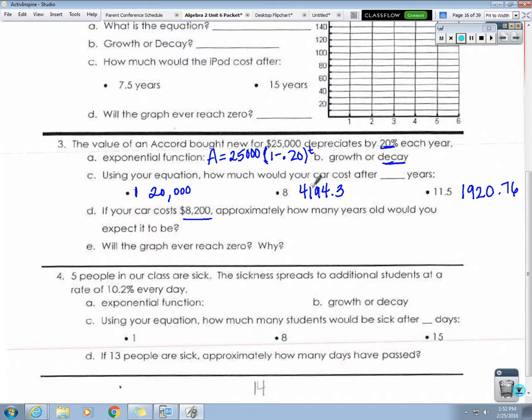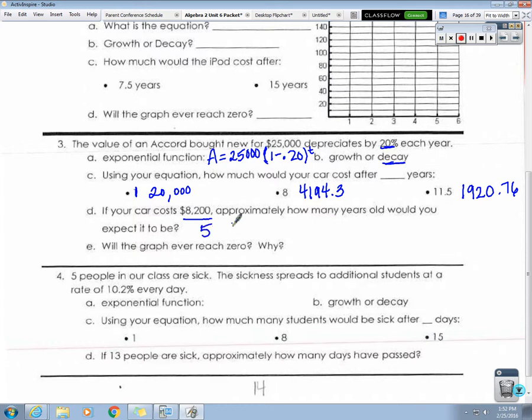Okay, Bryson says 3. Plug in 3. Everybody plug in. Okay, you plug in 4. Bryson plugs in 3. Somebody else plug in 5. So 4 years is not enough, so go to 5 years. And isn't that very close to 8,200?